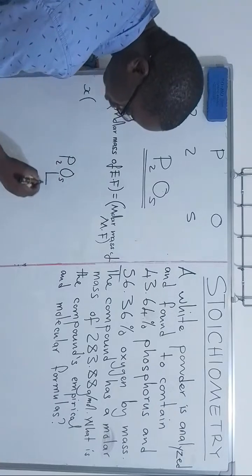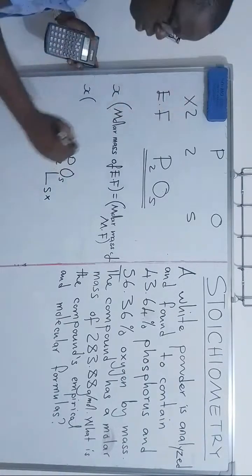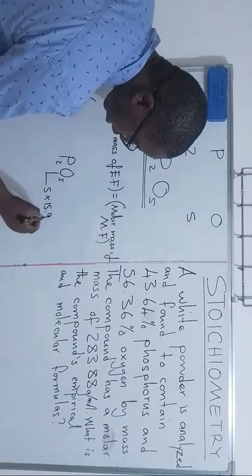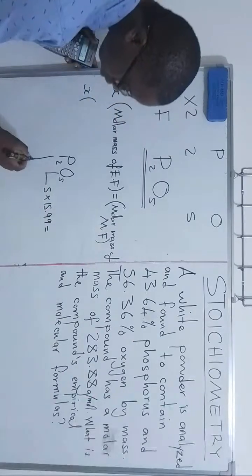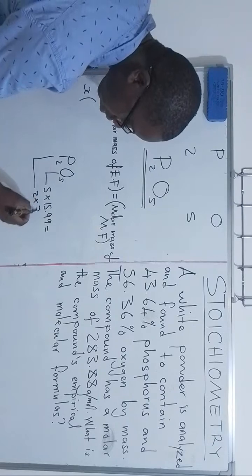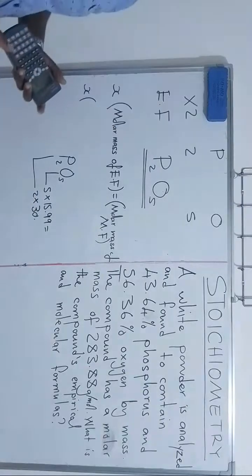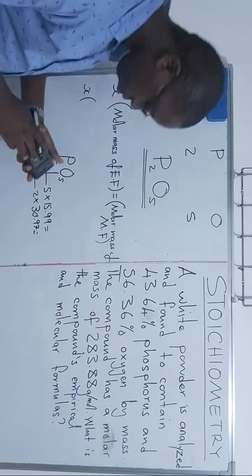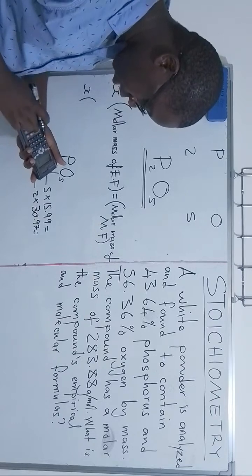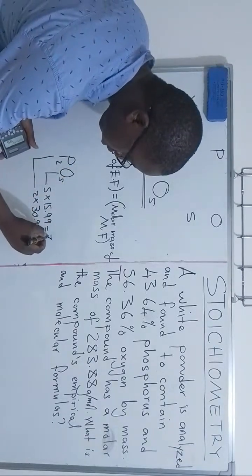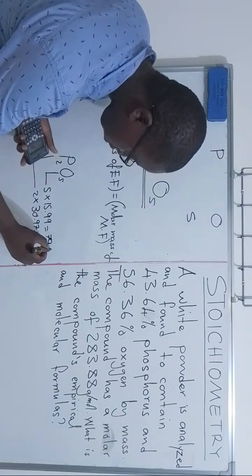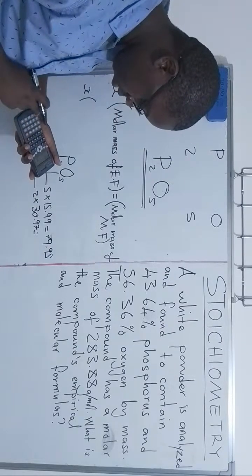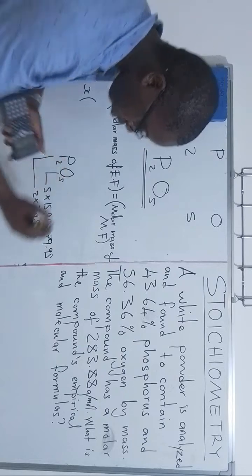So we have oxygen, 5 atoms of it, with relative atomic mass 15.99, then phosphorus, 2 times 30.97. So 5 multiplied by 15.99 gives us 79.95.